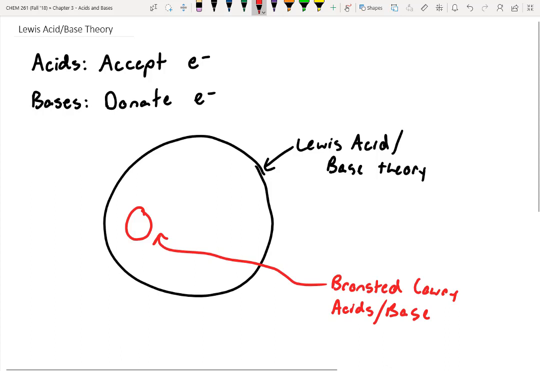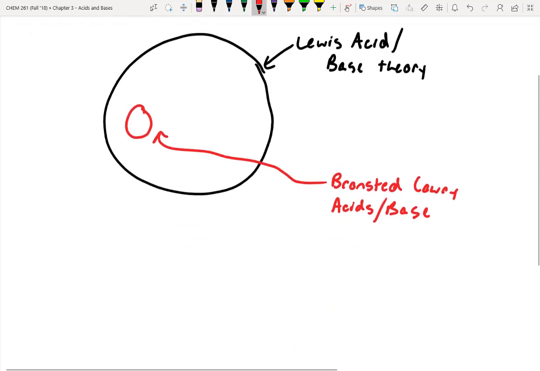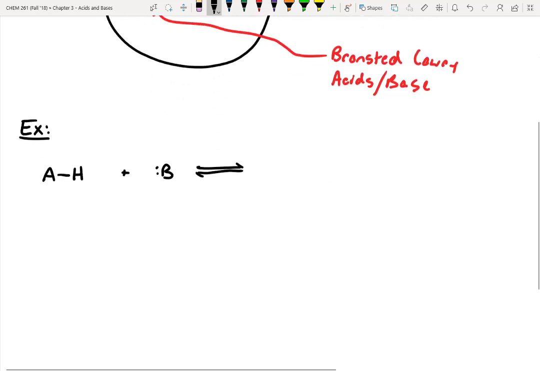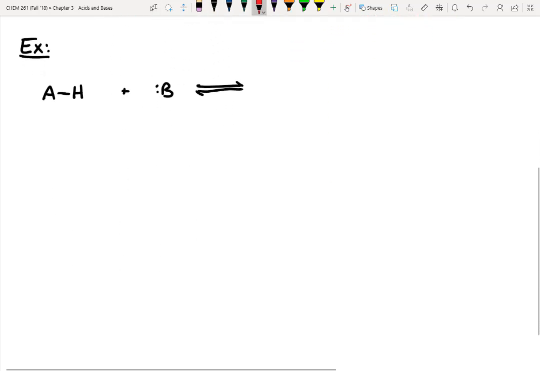It's all-encompassing, but it includes Bronsted-Lowry acids and bases, and I'll show you why. Okay, so let's say we're looking at a typical Bronsted-Lowry acid-base reaction. I've got my acid with some proton attached to it, and I've got some generic base B, and we've got this equilibrium situation occurring. Our base is going to steal this proton from the acid. We'll get our conjugate base plus our conjugate acid.